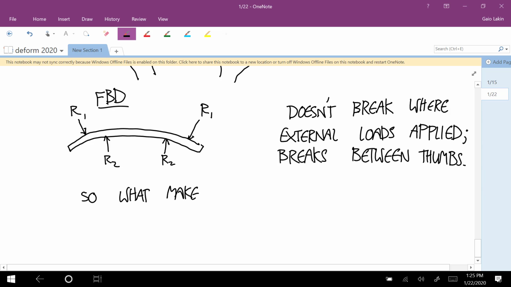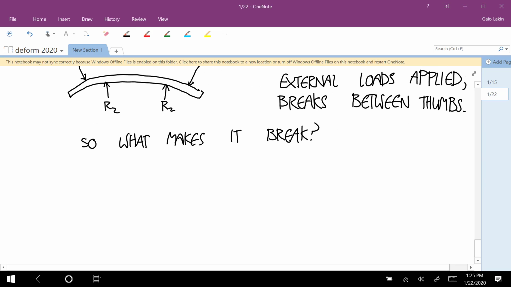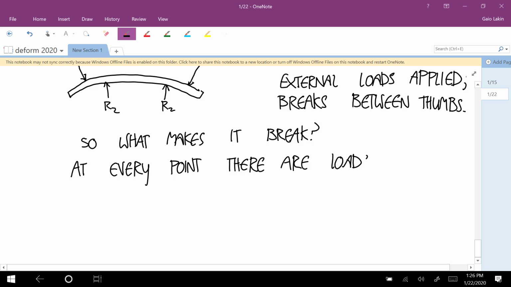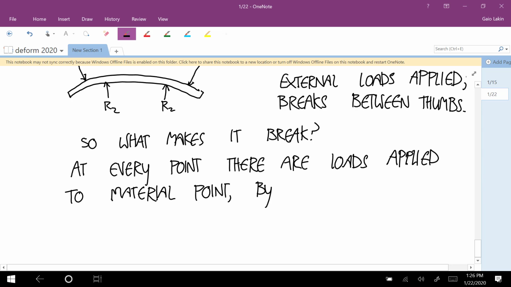So what makes it break? And the answer is at every point, there are loads applied to the material point by the surrounding material that keep that point in equilibrium.